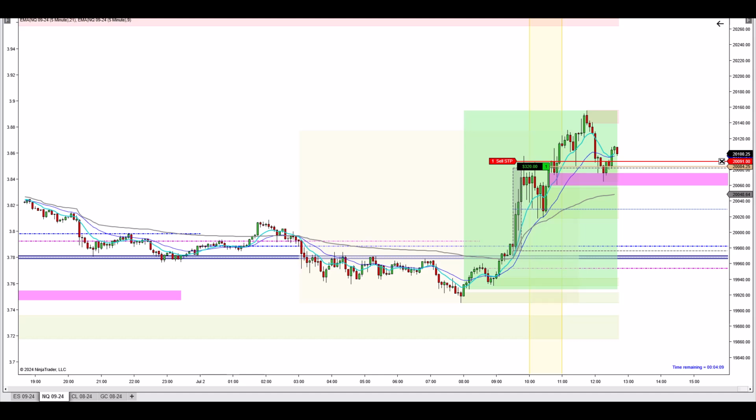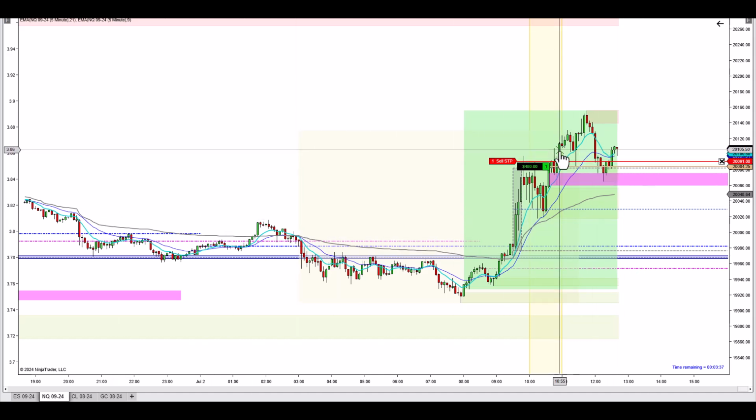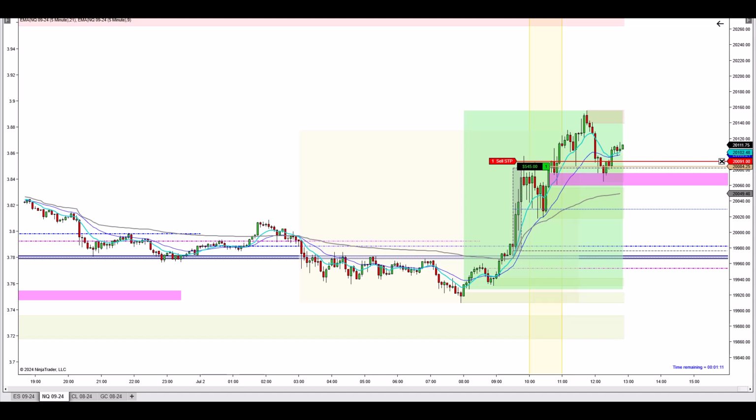All right, so let's just go ahead and get this trade out of the way. Let's speed up a little. Let's see how far our runner would go before price comes back and hits our stop if we don't trail it. All right, I'm going pretty fast here.